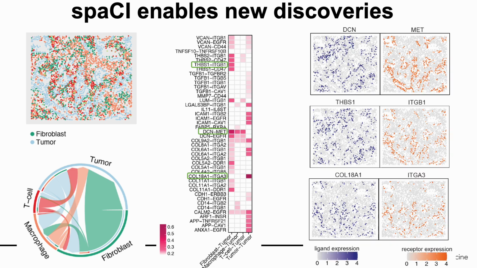Moreover, the spatial locations of ligand DCN were located very adjacent to the receptor MET, and such a phenomenon is also observed for the ligand receptor interaction of THBS1 and ITGB1, as well as the intra-tumor interaction between collagen 18A1 and ITGA3, indicating that SPARCE identified novel ligand receptor interactions between the fibroblasts and tumor cells.